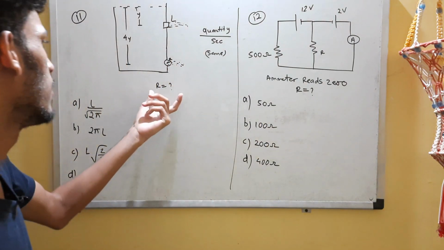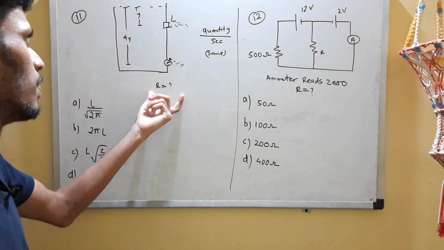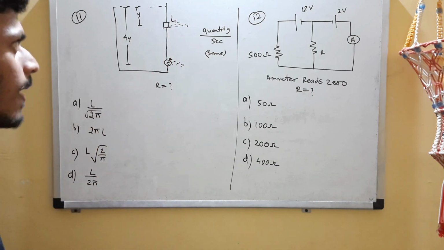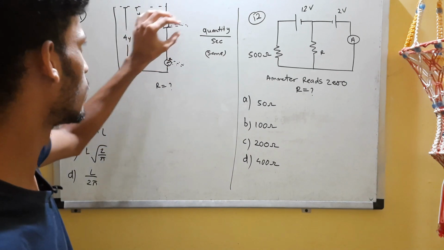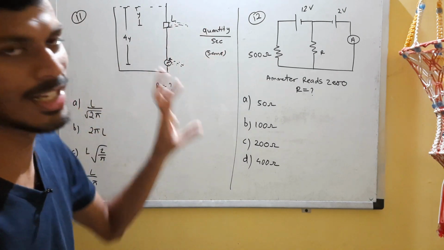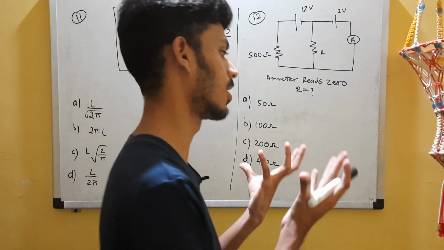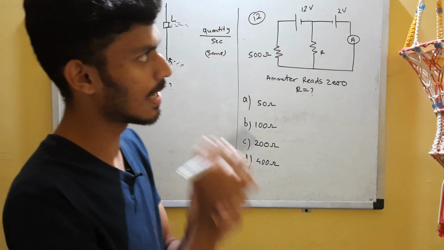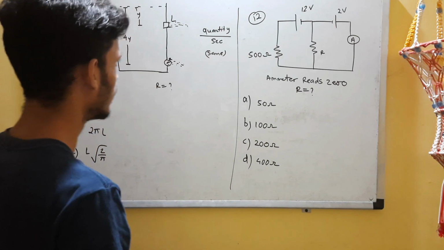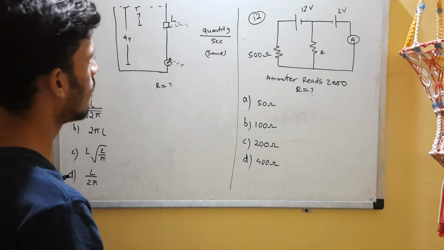You are supposed to find the value of this radius in terms of this length L. It is also given that the quantity of water flowing through each of these holes per second is the same for both. So how will we solve this?